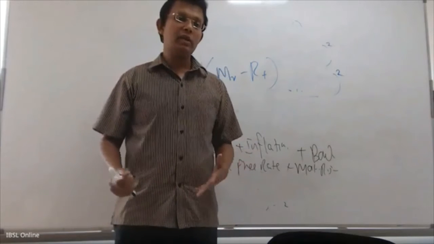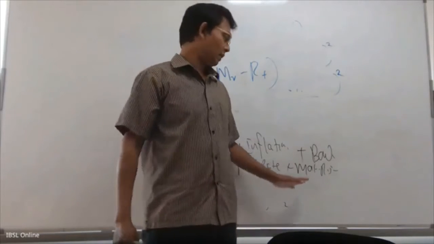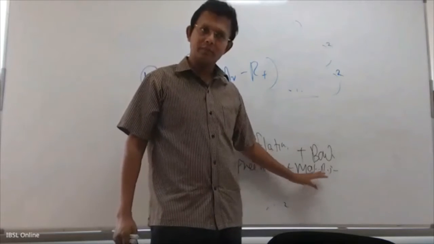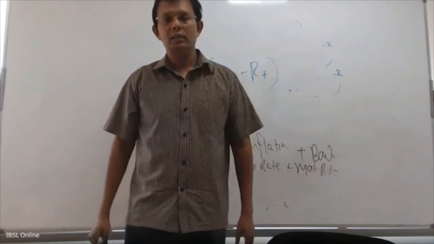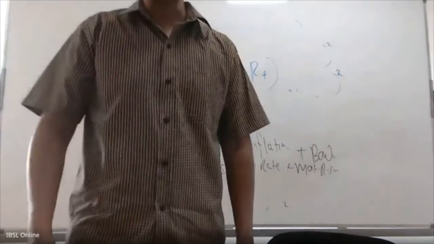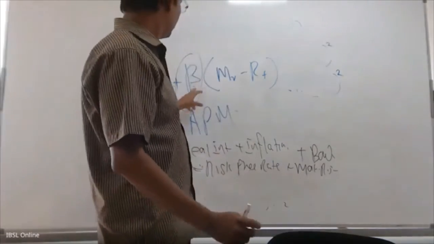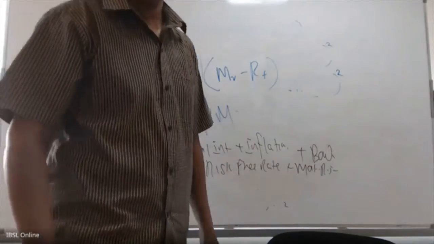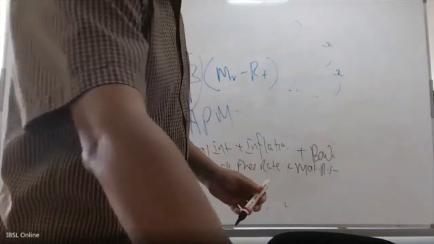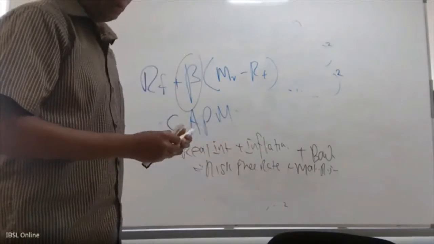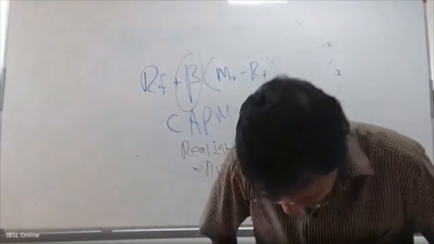We say government security does not have risk, but due to the maturity, it takes longer, so you are charged a premium. Similar to this, you charge a maturity risk premium, or you can say maturity mismatch, whatever.